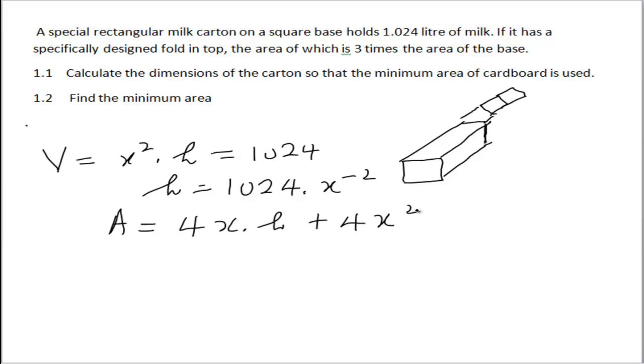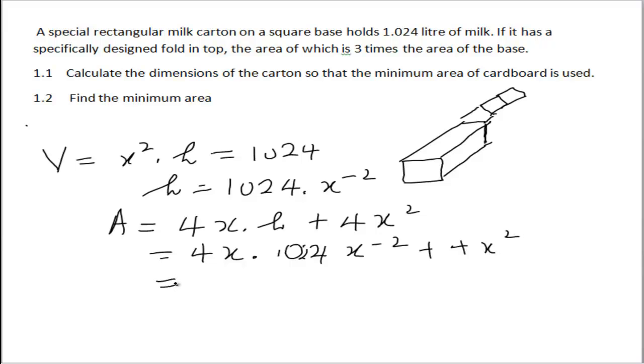Now we substitute for h, and that gives us 4x times 1024 times x to the minus 2 plus 4x squared.